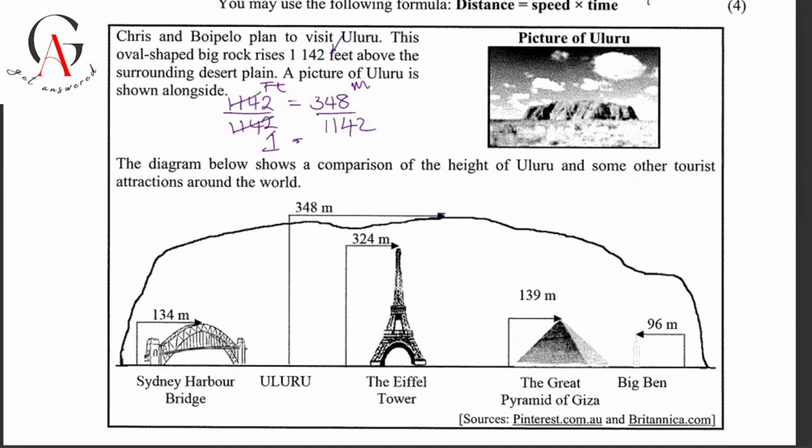1 foot now equals 348 divided by 1142. Remember they said in decimals, so 3 decimal places. So 0.304, so it becomes 5 because there's a 7 here.